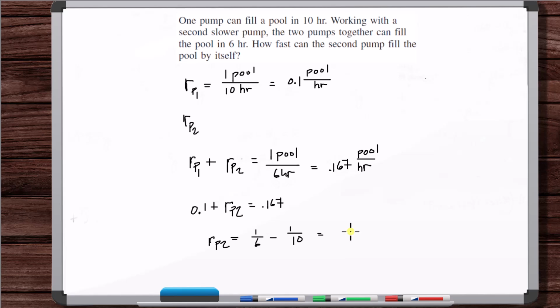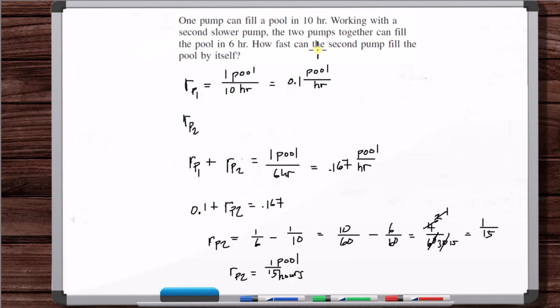That's equal to, so how do we do it, 10/60 minus 6/60, 4/60ths, 1/15th. Okay, so RP2 is 1/15th. One pool in 15 hours.